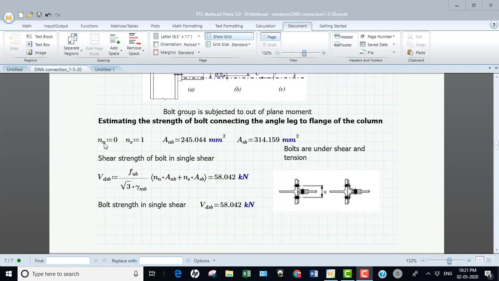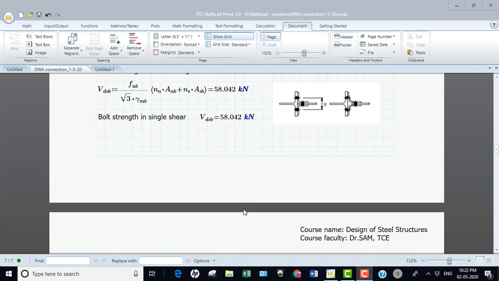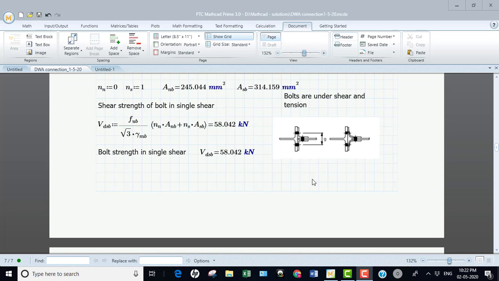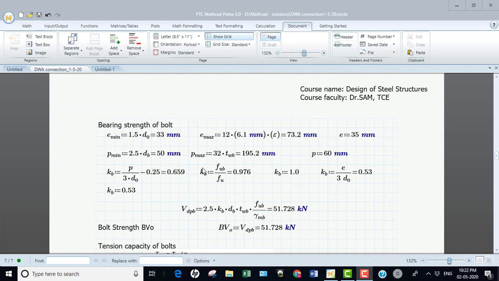Here I took the shear failure plane on the shank region. Therefore, the capacity of the bolt is calculated by this expression, bolt in single shear. Since the bolts may be subjected to shear or bearing, I am calculating the bearing capacity also, following the same case.